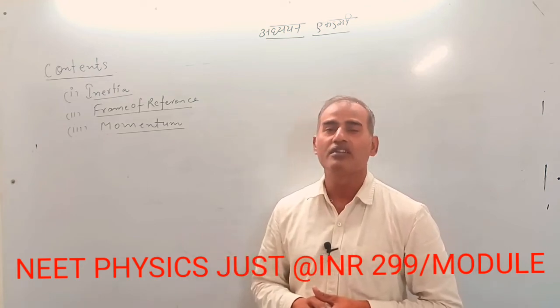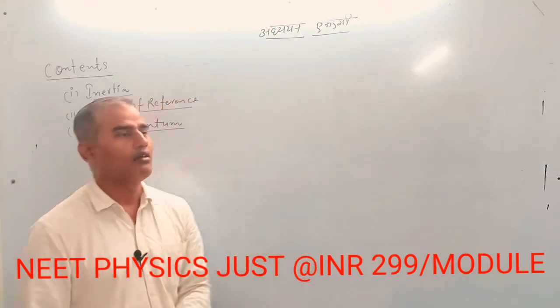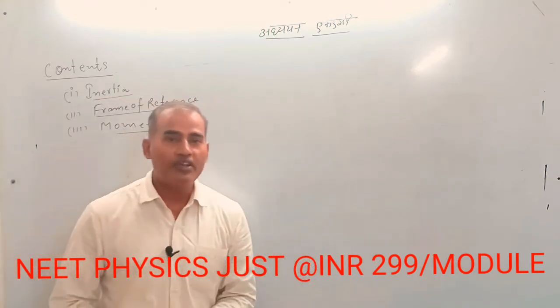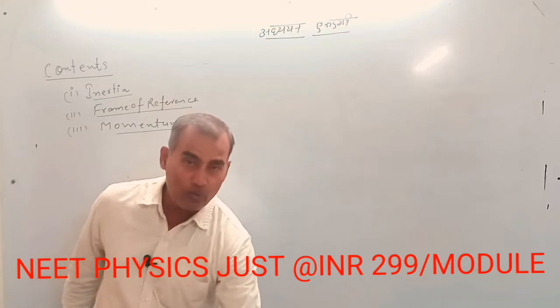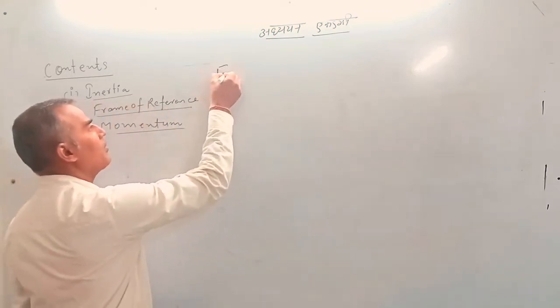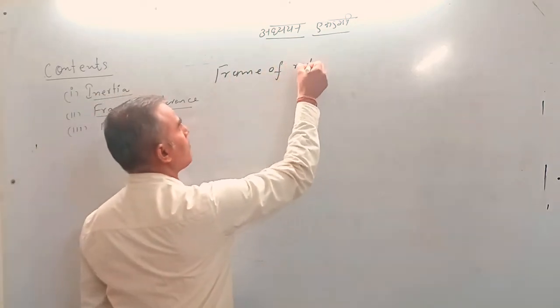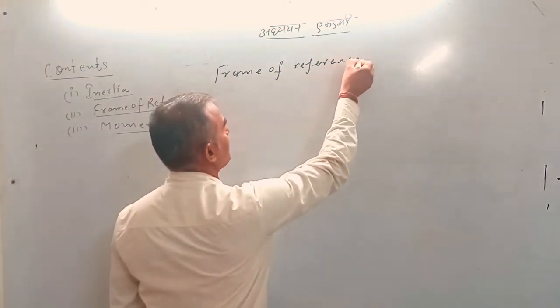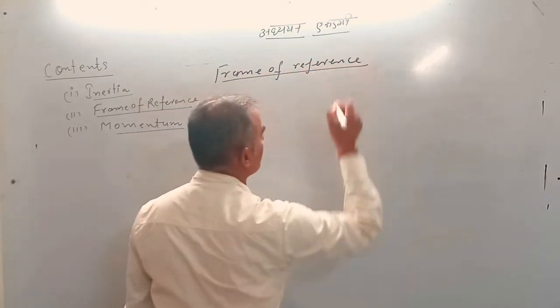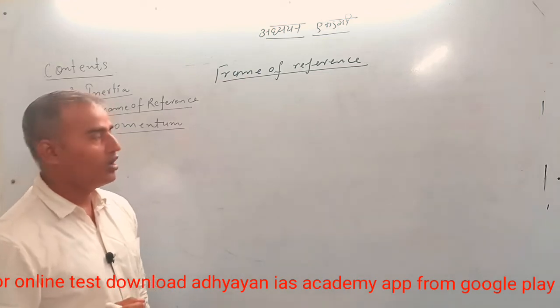Here, our first objective is to explain the frame of reference. Generally, we know that for representing the frame of reference, we use the coordinate system. Generally, the frame of reference is the coordinate system.